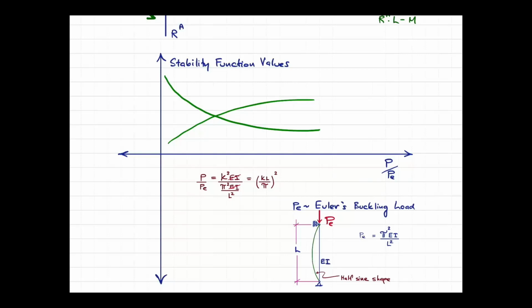So the stability function we have will accommodate our scenarios. Over here, P over PE pointing towards the positive x direction means the compressive force. Tension, we will be putting it on the left side of the graph later.